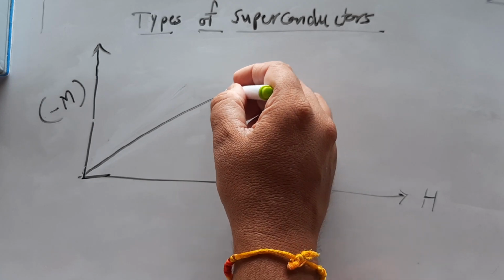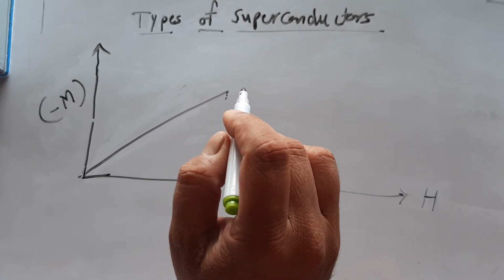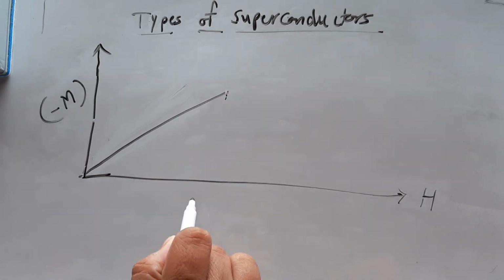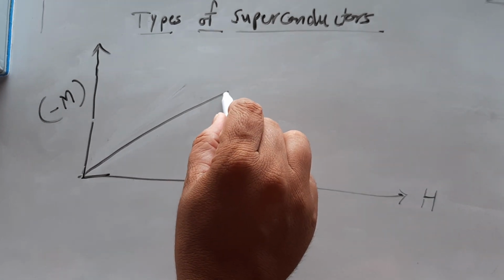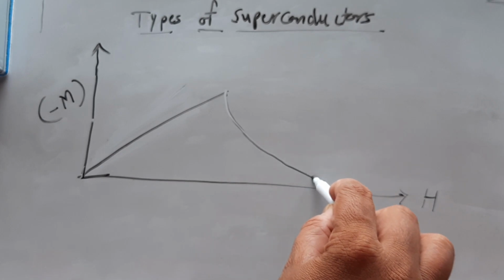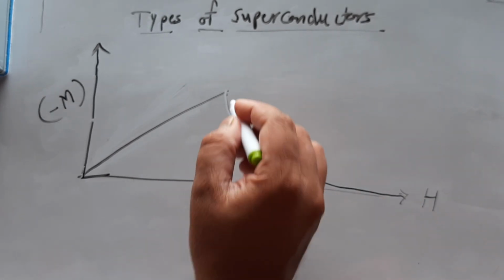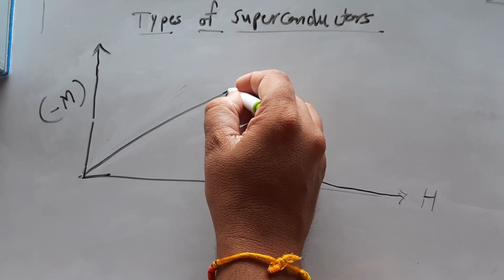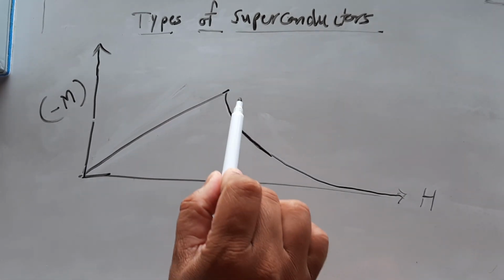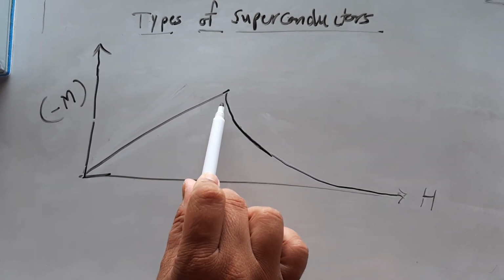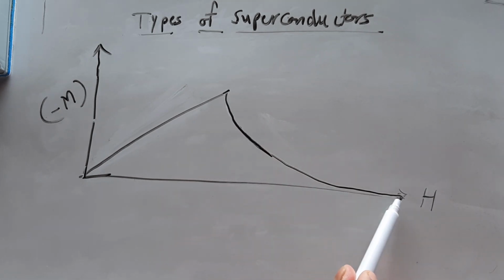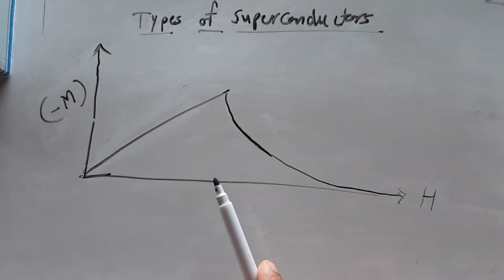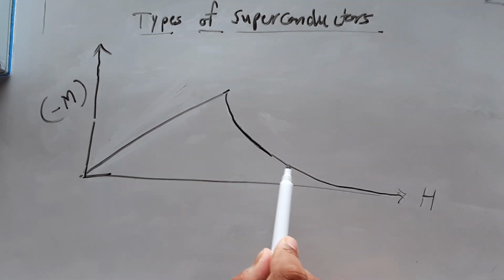Fine. After this, something really interesting happens. After this, what happens? It does not abruptly fall to zero, but it goes into something like this nature. So this is very interesting, you can observe this part is non-linear. It is reducing, but it is not reducing abruptly to zero, it is reducing non-linearly.